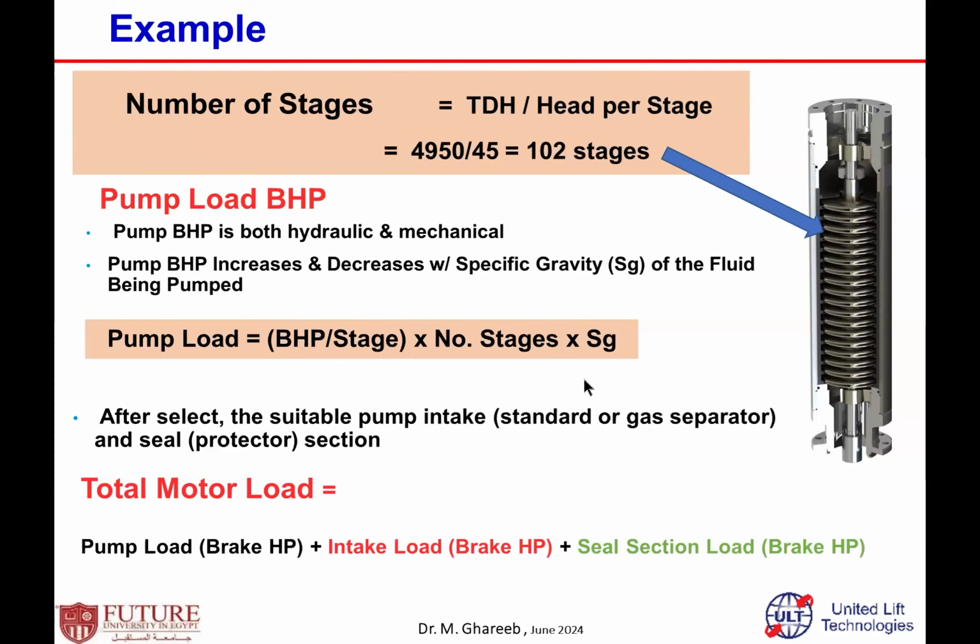Then the total required motor load should be at least the minimum, equal to the pump load, the brake horsepower for the pump, plus the intake, plus the seal, plus anything else you found, in order to run the motor, powerful enough to run my whole system.